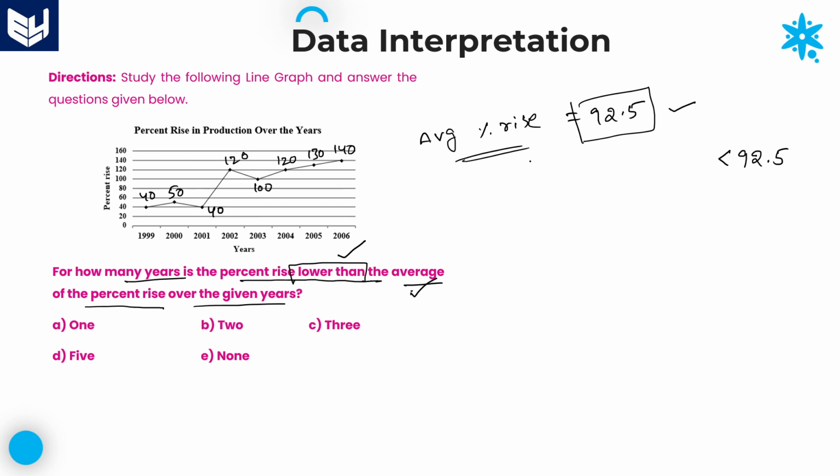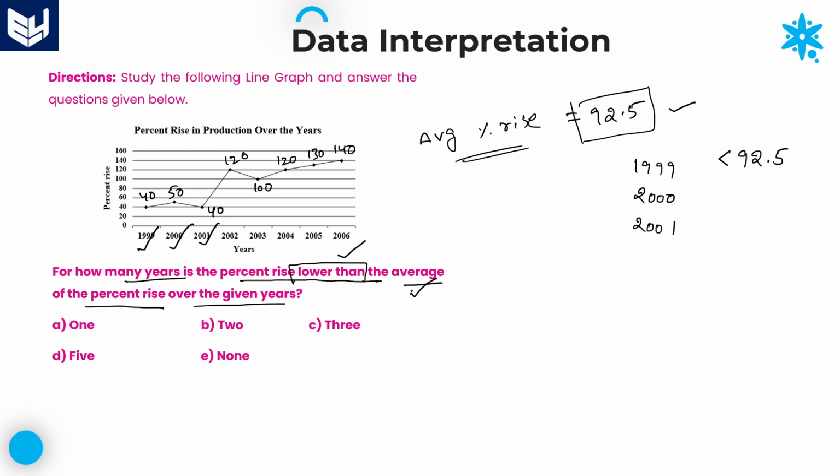So in 1999, the value is 40, which is less than 92.5. Second year 50, the value is 50, that is also less than 92.5 in 2000. And 2001, that is 40. In 2001 also that value is less than 92.5.